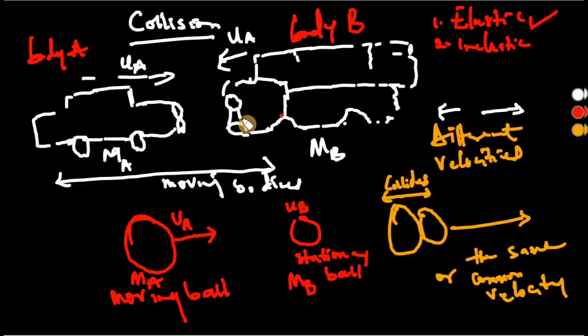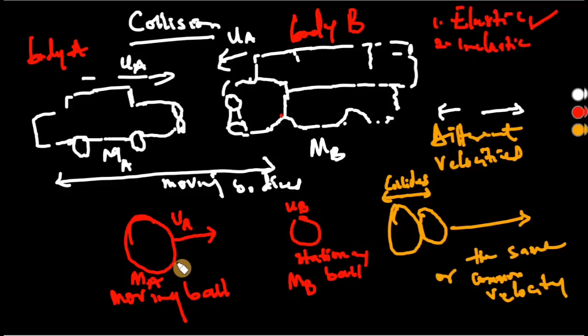Now for inelastic collision, we have only conservation of momentum. The kinetic energy is usually lost, either due to heat coming as a result of friction or external force. So you see that kinetic energy is lost in inelastic collision, but momentum is conserved for a body in an isolated system where there is no external force.